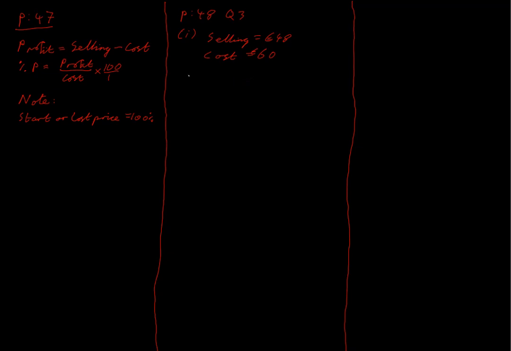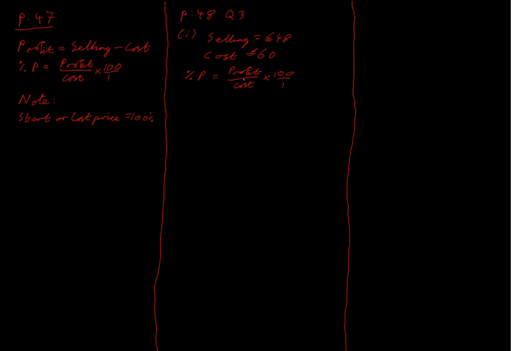Now, we know that our percentage profit or loss is going to be the profit, which can be positive or negative. So if it was negative, we'd say the profit was a loss, divided by cost, times 100/1. It says percentage profit or loss in the question, so I'm going to write down the formula for percentage profit or loss. And this is the information I'm given in the question.